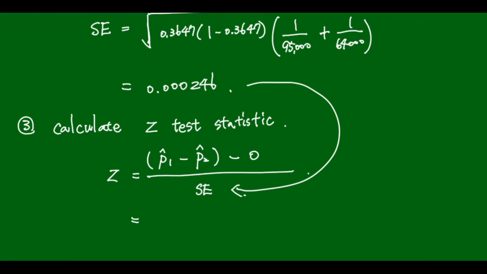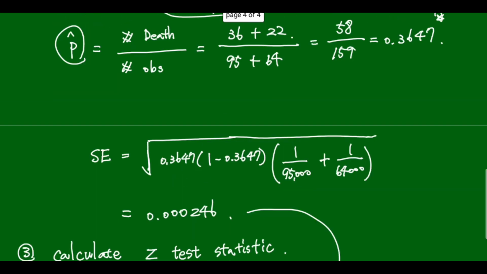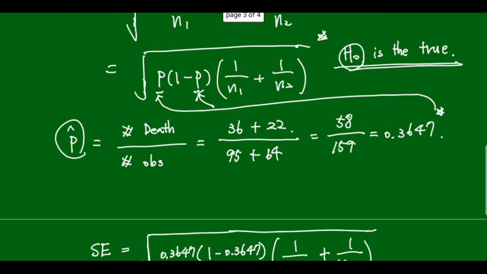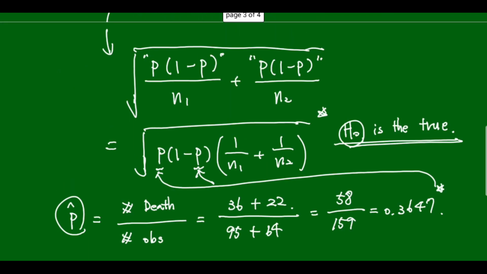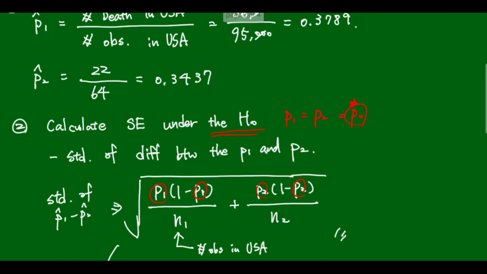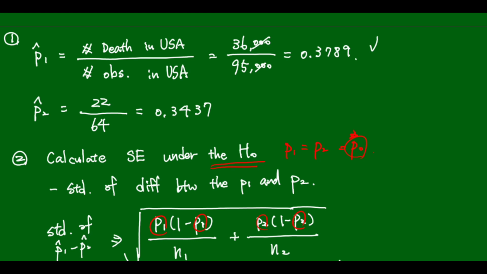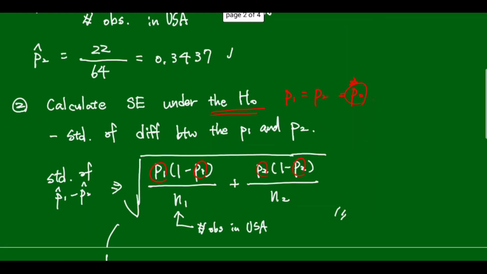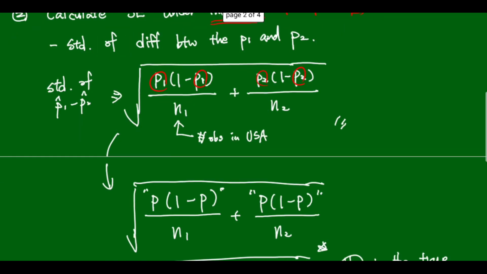We have p1 hat and p2 hat from the first step, right? We have 0.3789 for p1 hat, and 0.3437 for p2 hat.